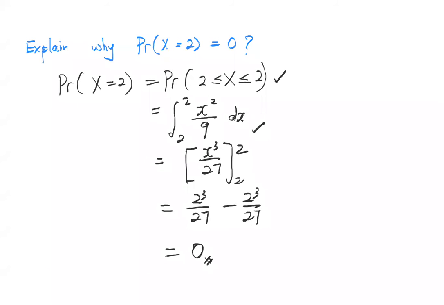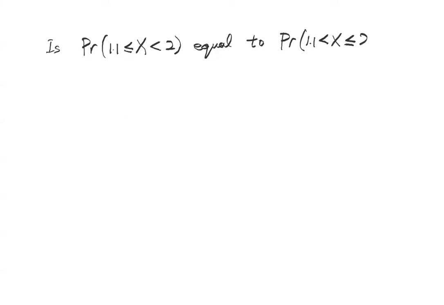Now another question. Is the probability of x greater than or equal to 1.1 and less than 2 equal to the probability of x greater than 1.1 but less than or equal to 2? Same or not?